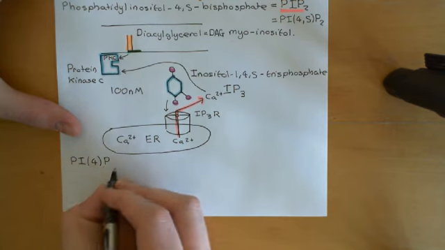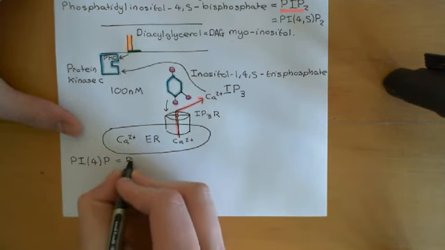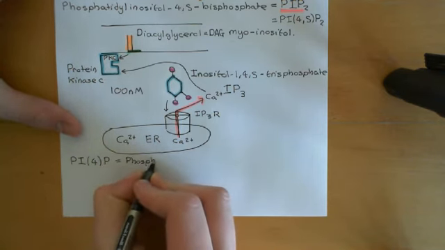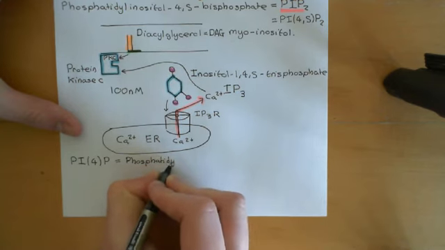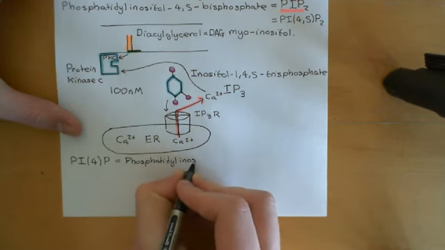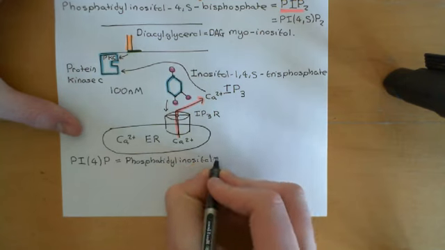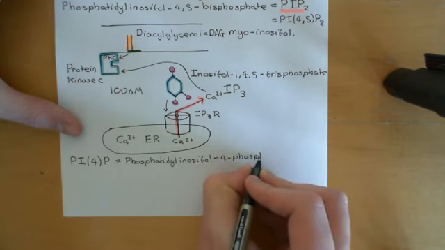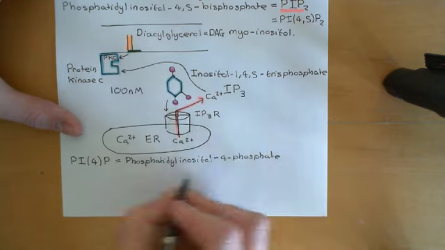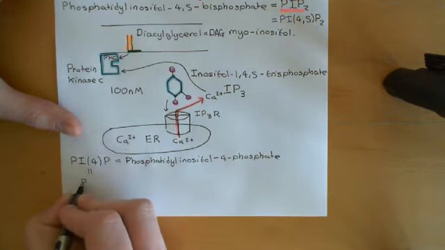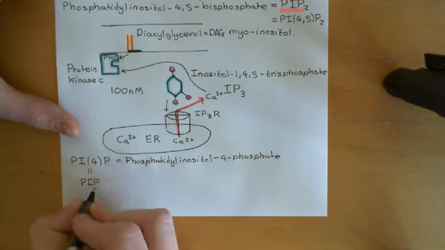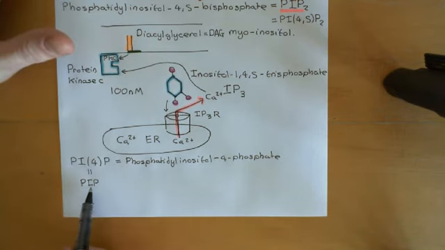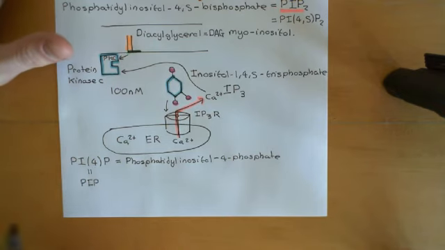It's 4-phosphate, so this is short for phosphatidylinositol 4-phosphate. And often phosphatidylinositol 4-phosphate will just be abbreviated down to PIP. So you can again get away with dropping the PI4P and just abbreviating this down to PIP. Again, if people see just PIP, they'll assume that it means the phosphate group is coming off the 4th one, because that's the most normal one for it to be coming off.